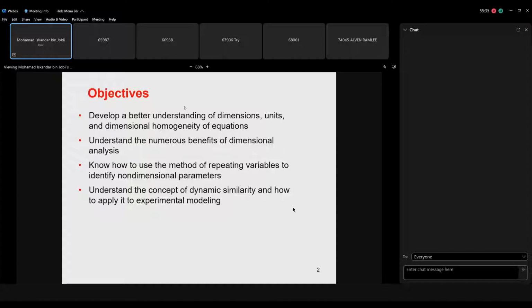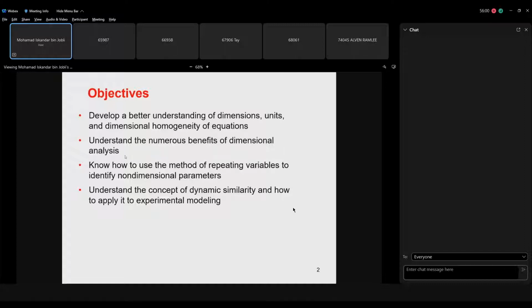In our lecture today, I just want to stress on this one. In fact, it's one of the most important parts of this lecture. The second objective of chapter 7 is to understand numerous benefits of dimensional analysis. When you have understood this, then we shall move on to dimensional analysis.